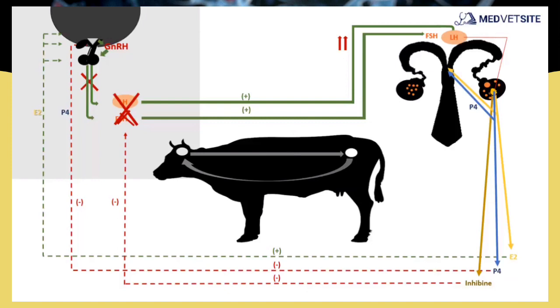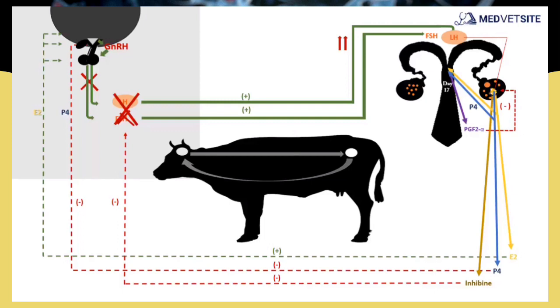If the cow is not pregnant at 17 days after estrus, if there is no embryonic recognition, the uterus produces PGF2 alpha. This hormone produces the regression or destruction of the corpus luteum, a process known as luteolysis.